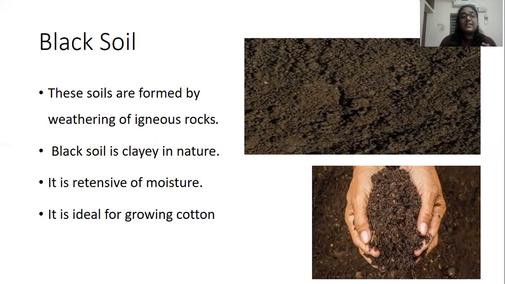Yeah, black soil is clayey in nature. Okay, black soil nature வந்து கொஞ்சம் clayயா இருக்கும். And clayey in Tamil means, clay means களிமண். Okay, so இந்த களிமண் மாதிரி கொஞ்சம் அதோட nature இருக்கும். And mainly because it is wet. Can you see it is wet? Yeah, it retains moisture.